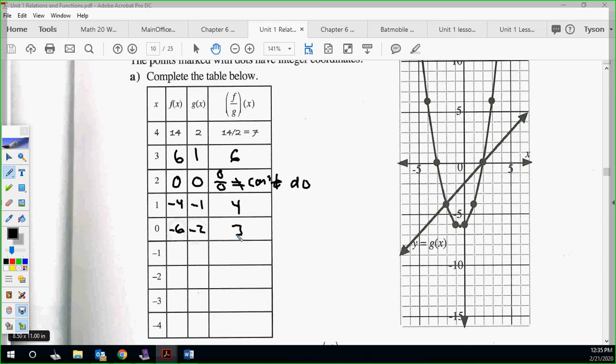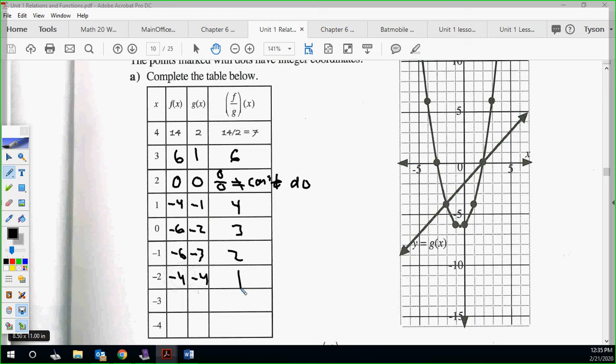7, 6, blank, we missed the 5. 4, 3, so we're probably taking 2 here. Negative 1, negative 6, and negative 3. Negative 2. They're the same spot. So negative 4 for 1.